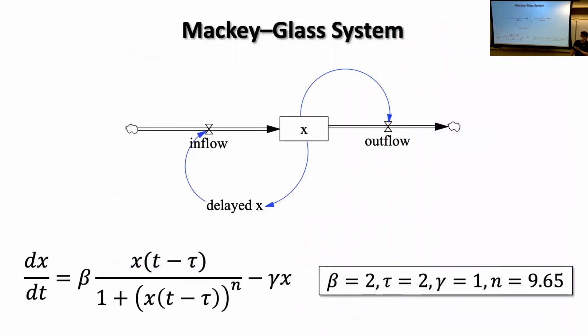So a chaotic system would be one like this one. This is just an abstract model, but you could imagine building models that have this same property. This is called the Mackey-Glass system. In the Mackey-Glass system, you have a single stock with an outflow and an inflow, kind of similar to the fish dynamics here. But we model the outflow and inflow with this formula down here.